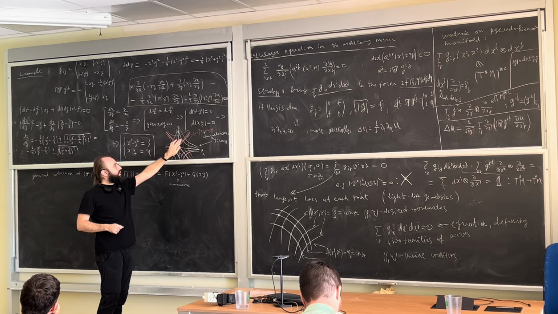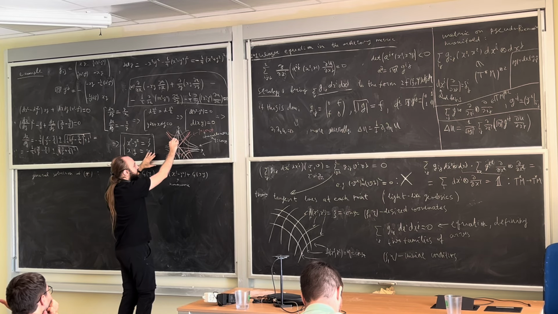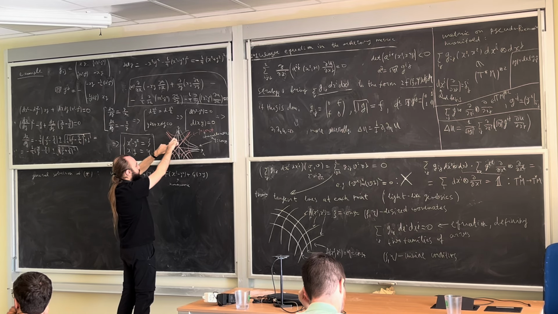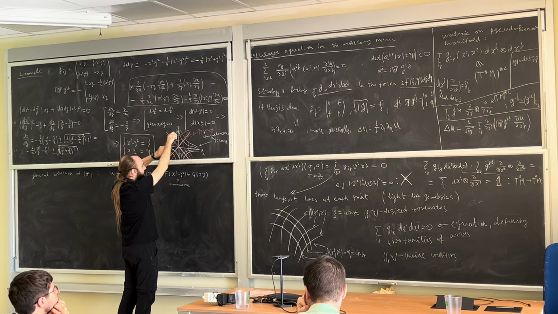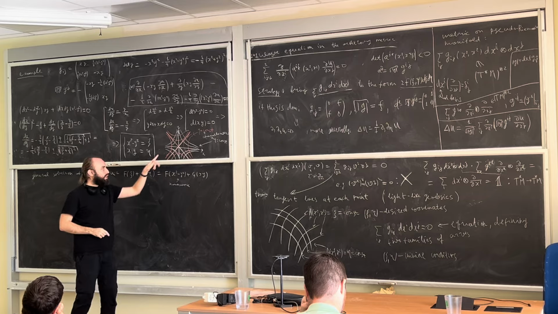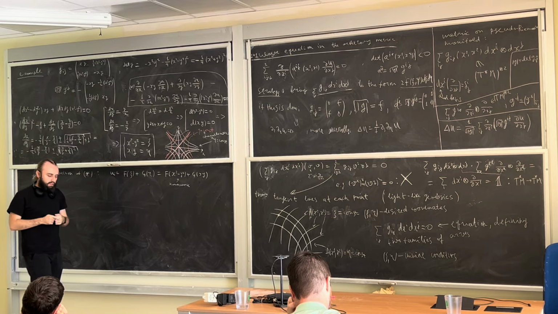If you create some initial condition at some point, for example here, and run the evolution, then it will propagate along these two lines. And other parts of the plane will be unaffected.